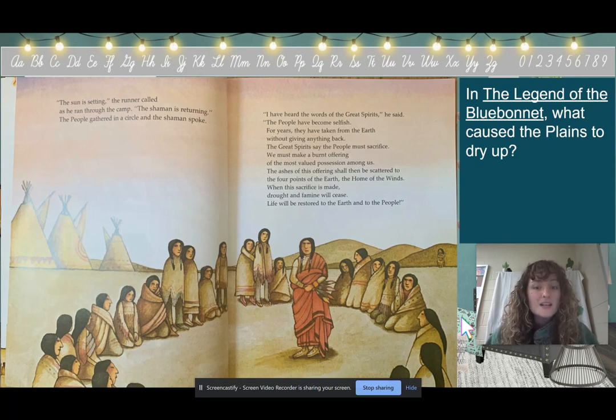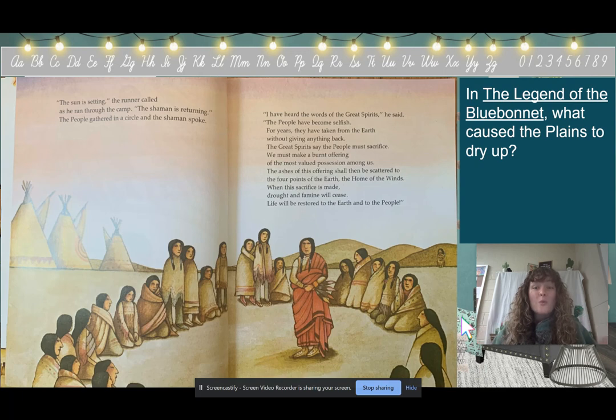The great spirits say the people must sacrifice. We must make a burnt offering of the most valuable possession among us. The ashes of this offering shall then be scattered to the 4 points of the earth, the home of the winds. When the sacrifice is made, drought and famine will cease. Life will be restored to the earth and to the people."